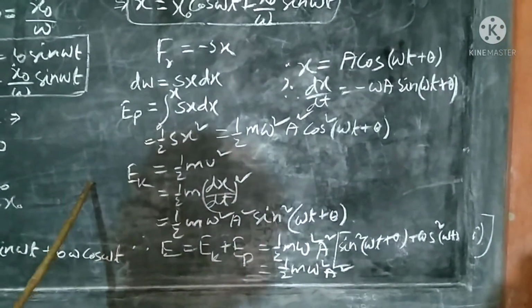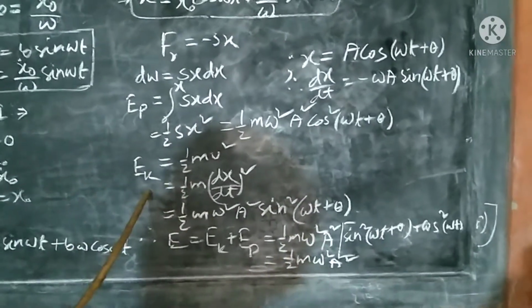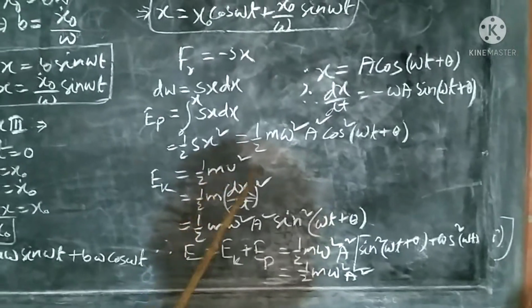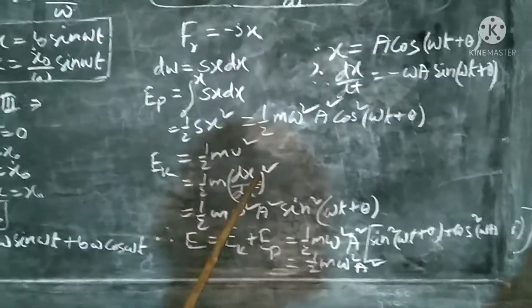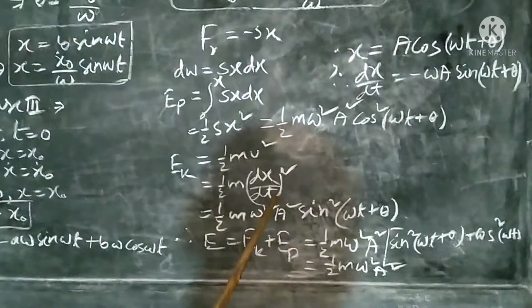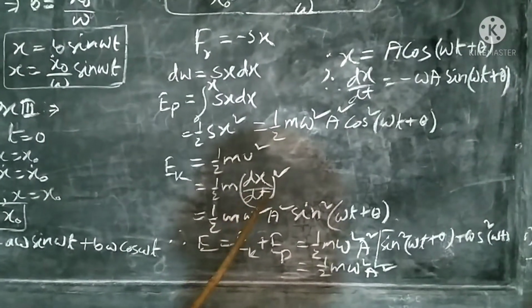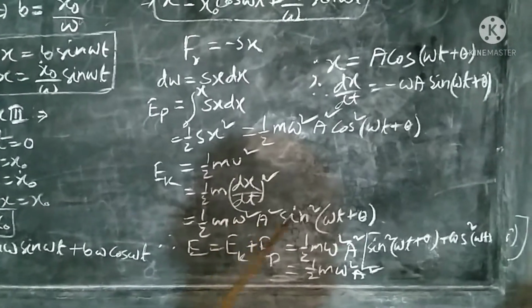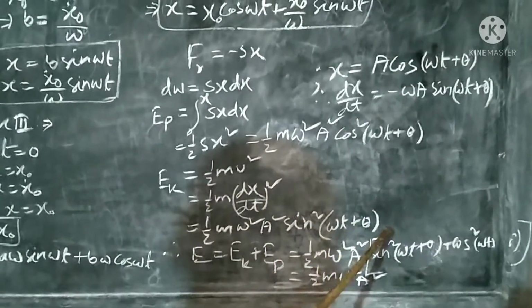Now the kinetic energy of SHM, Ek equal to half m v square equal to half m into dx by dt whole square. Putting the value of dx by dt, we get half m omega square a square sin square omega t plus theta.